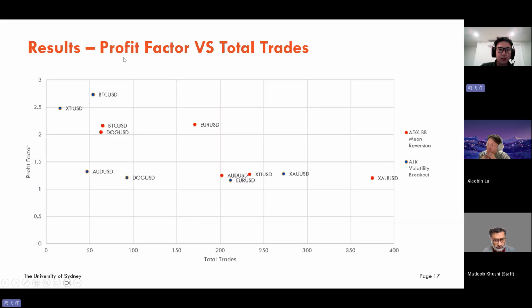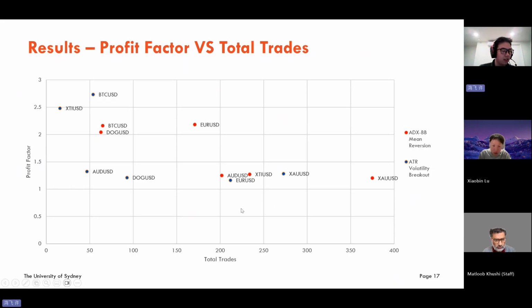This is another graph for the profit factor and total trades. The Euro USD has a fair trade number and high profit factor, so I also think this one is the best here.